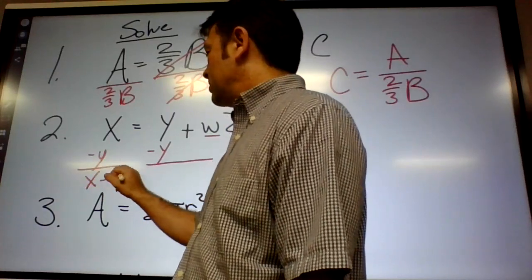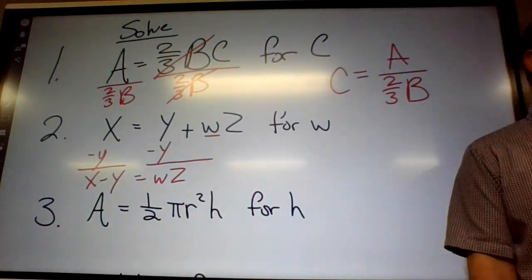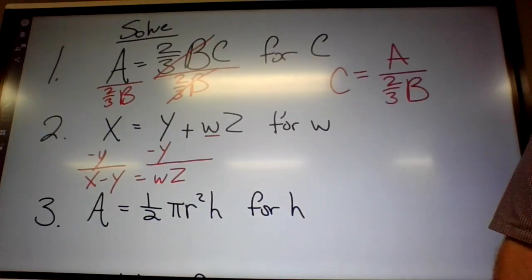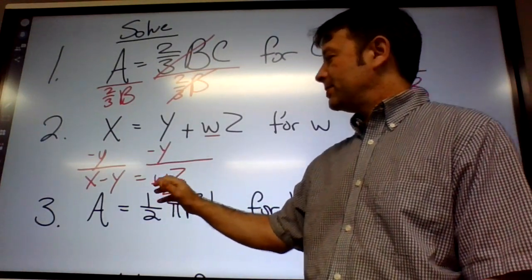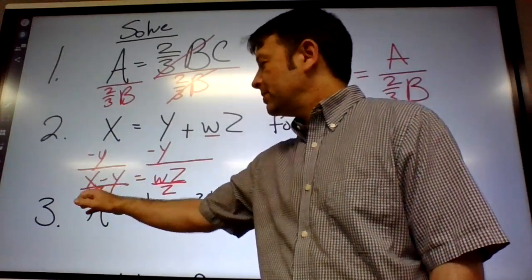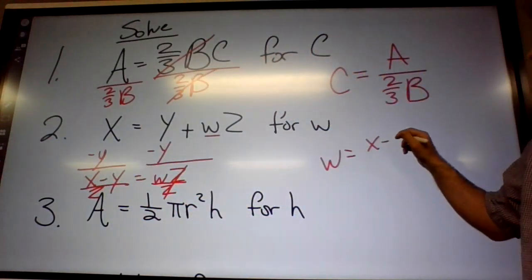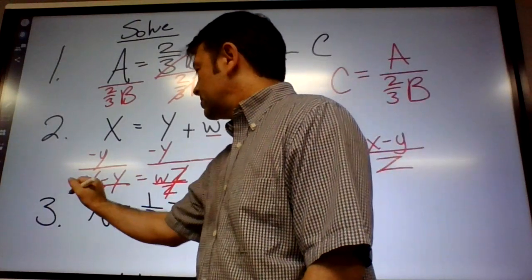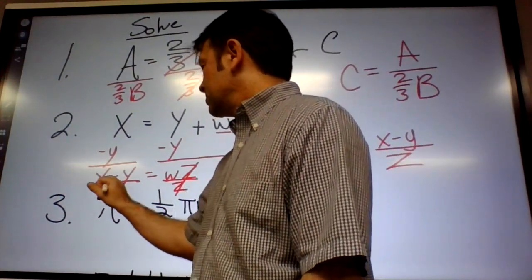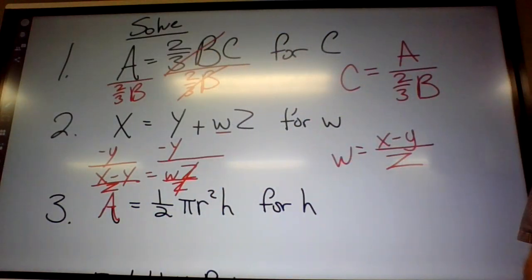So yeah, and then you divide, so it's W equals X minus Y over Z. It's an ugly Z. Subtract and divide.